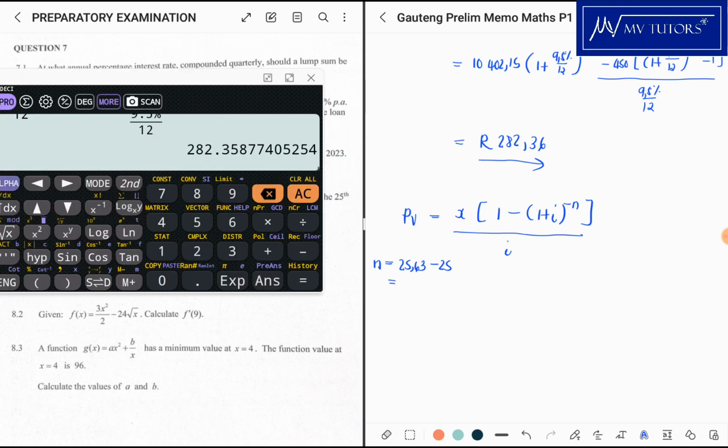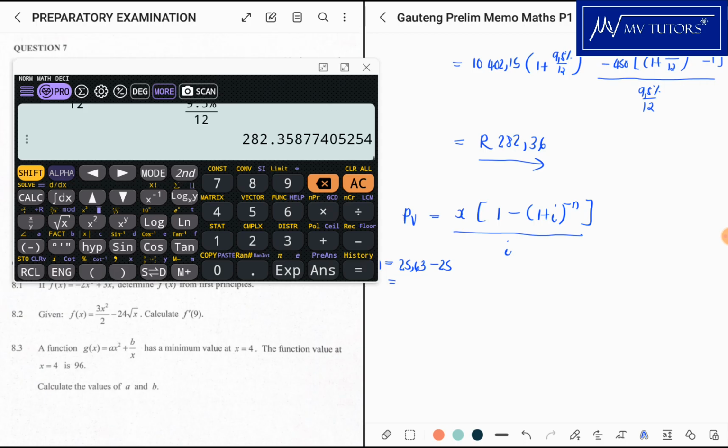Okay, I can't remember where I saved this. Was it alpha B or alpha C? I think it's alpha C. We need to multiply that by a negative 1. So 25.63 minus 25, we have basically 0.63.